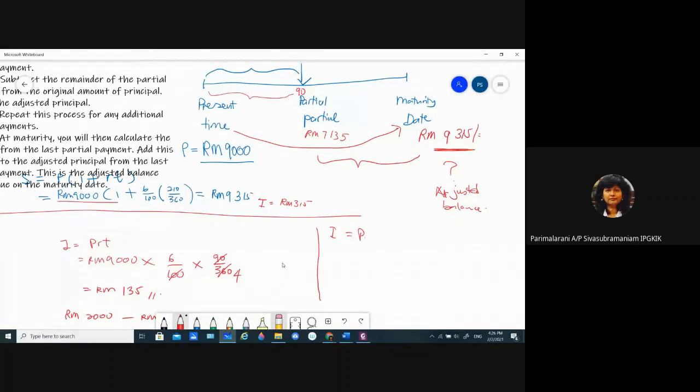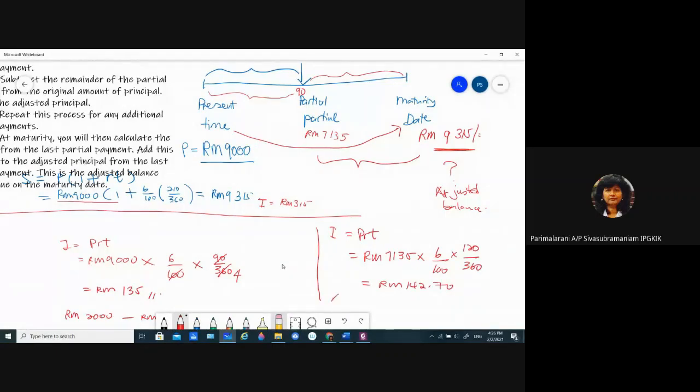Now our principal is 7,135 multiplied by 6/100. How many days from here to here? 120. Yes, 120 over 360. So we have 142 ringgit and 70 cents.